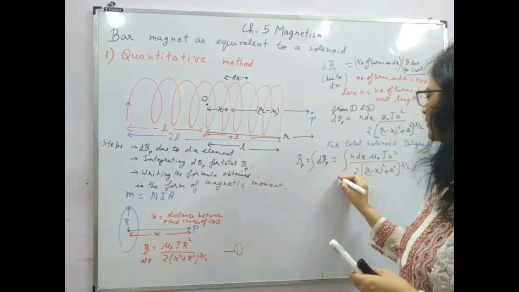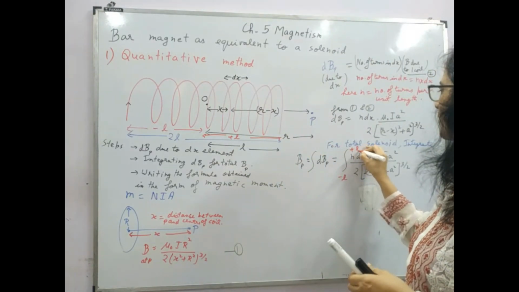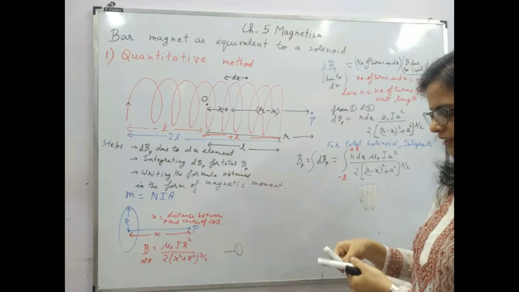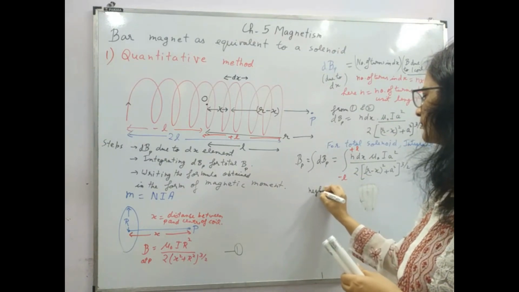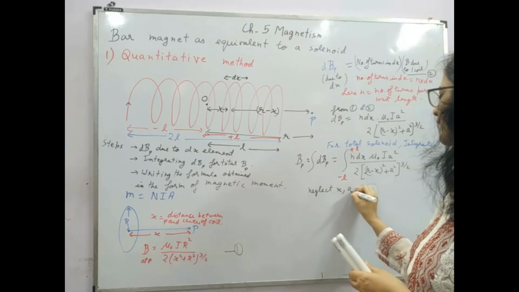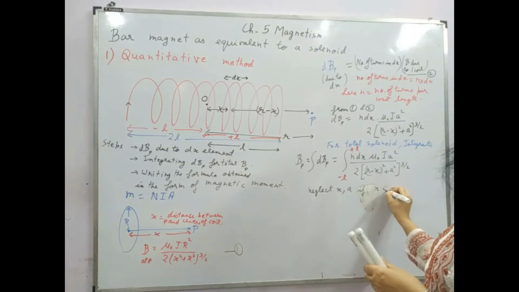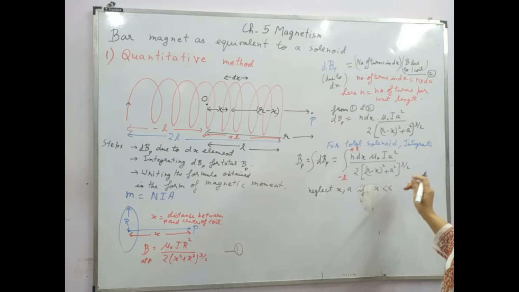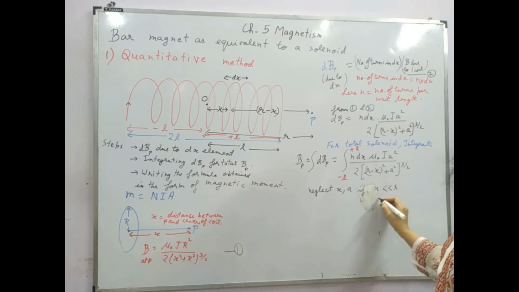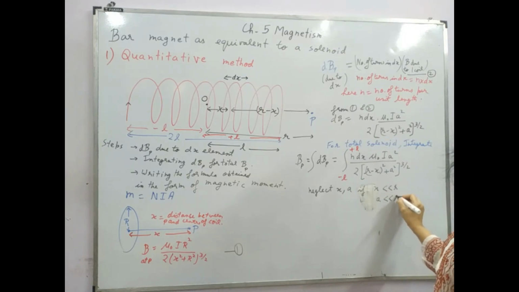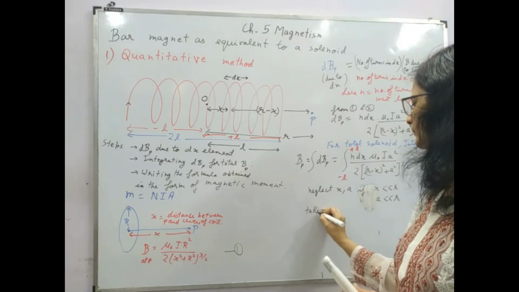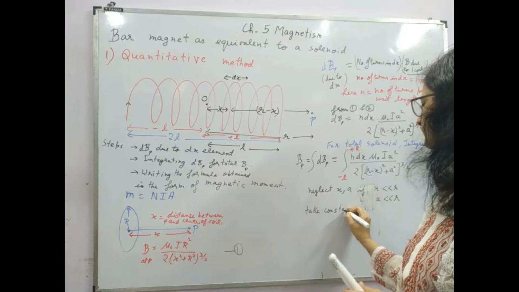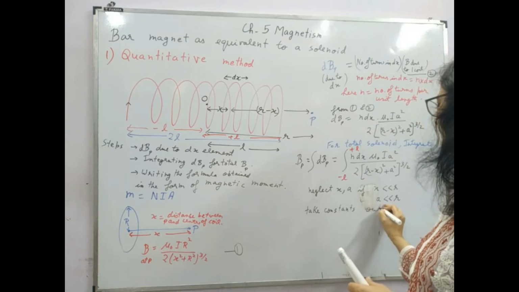So I'll write the limit from minus l to plus l, and then we can neglect x and a if x is very less than r and also a is very less than r, right? And take constants outside.